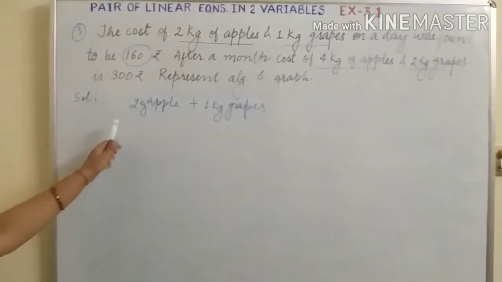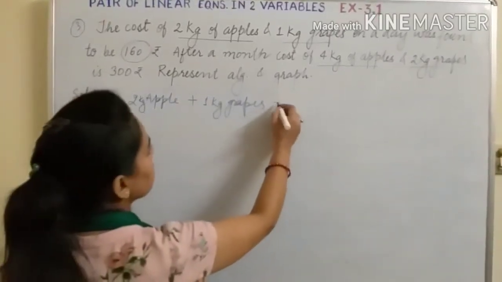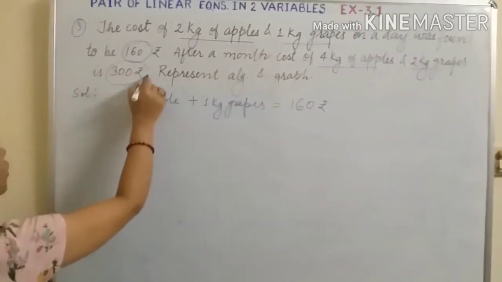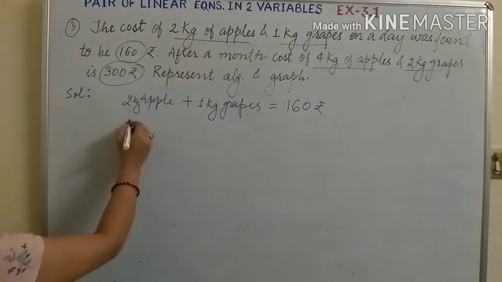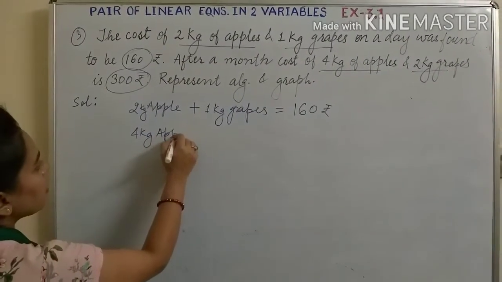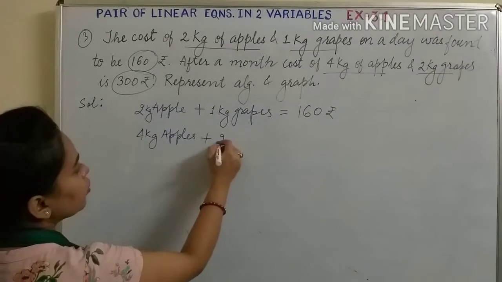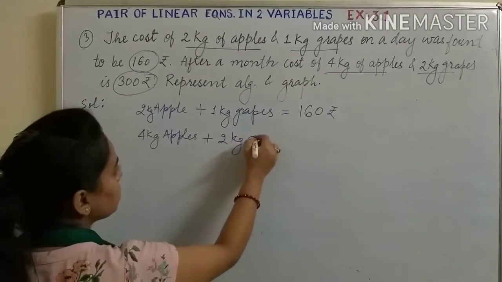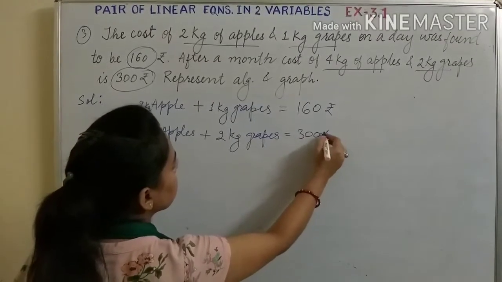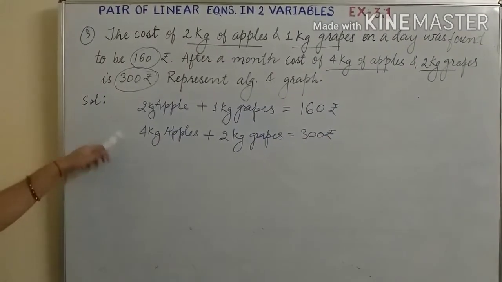In the first, 2 kg apple and 1 kg grapes was for rupees 160, and in the second, 4 kg apples and 2 kg of grapes for rupees 300. This was just to explain to you.